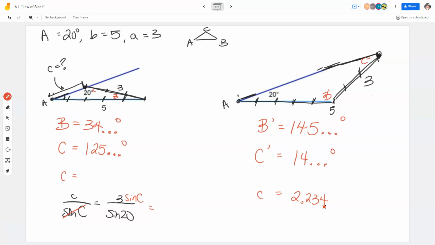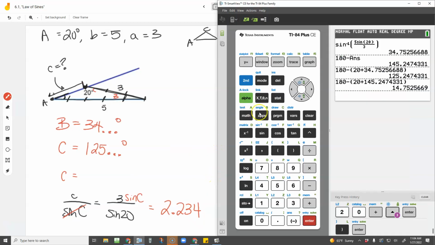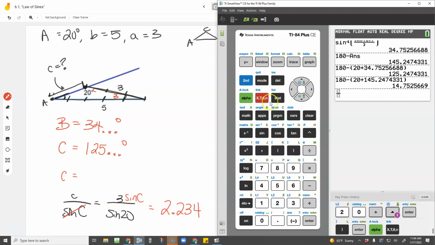Oh wait, I saw it for the wrong side. I think you have the other one. I think that's right, but I think it's for the other one. It would make more sense, I think, for that one. But let me double check. Because all we have to do, guys, is 3 sine of the 125 guy. Go find him. He's right there, 125. Copy, paste, all over sine of 20.